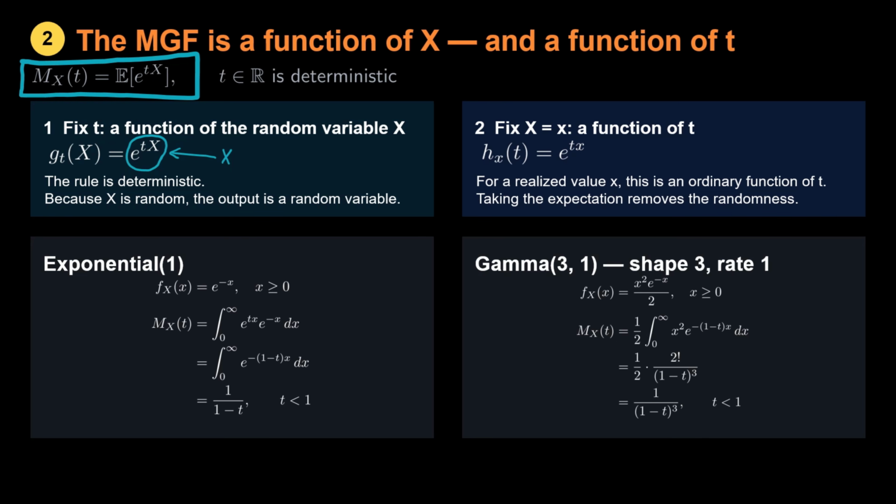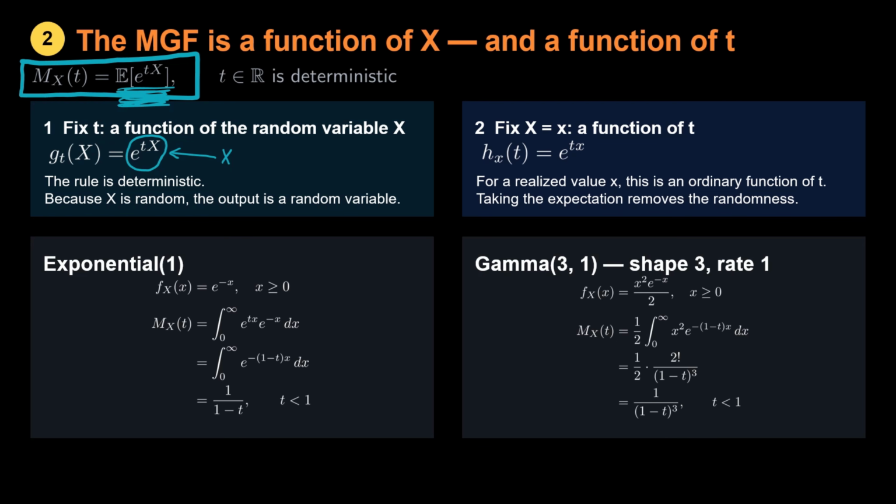It is a deterministic function for a set value of the parameter t. And since this newly created random variable is a deterministic function of x, we know how to calculate its expected value using LOTUS, which is something we've covered in section 2.2 and the previous video. So we'll do just that.